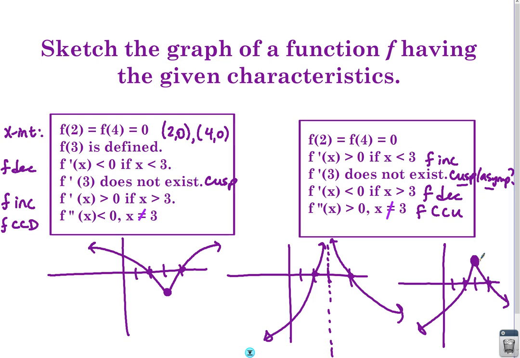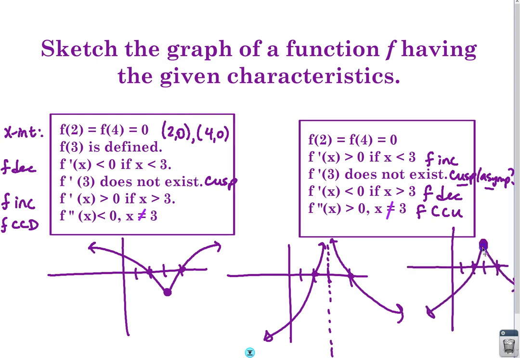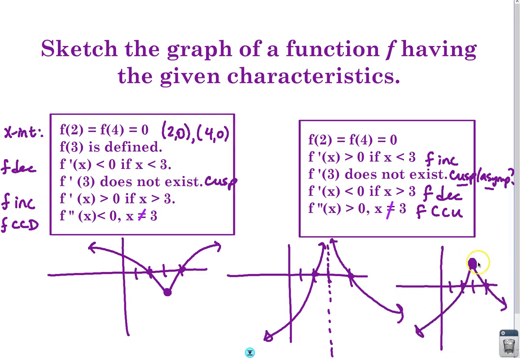It doesn't say that the function is continuous. I just know that the derivative does not exist there. Option 1, option 2. Either one, or lots of other alternatives from that.